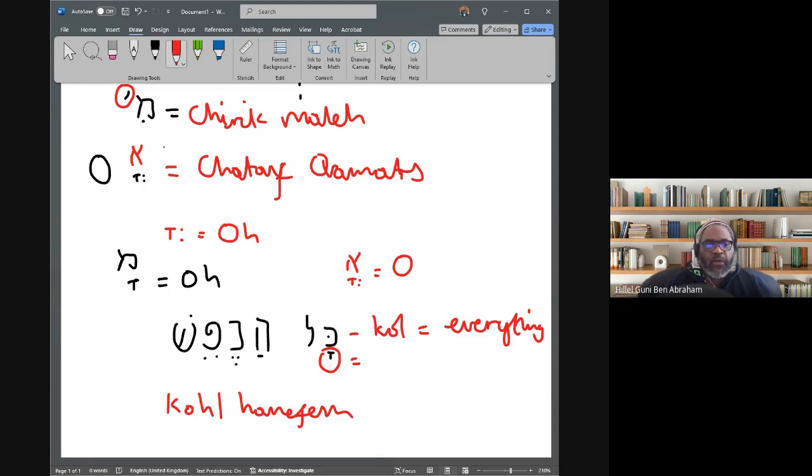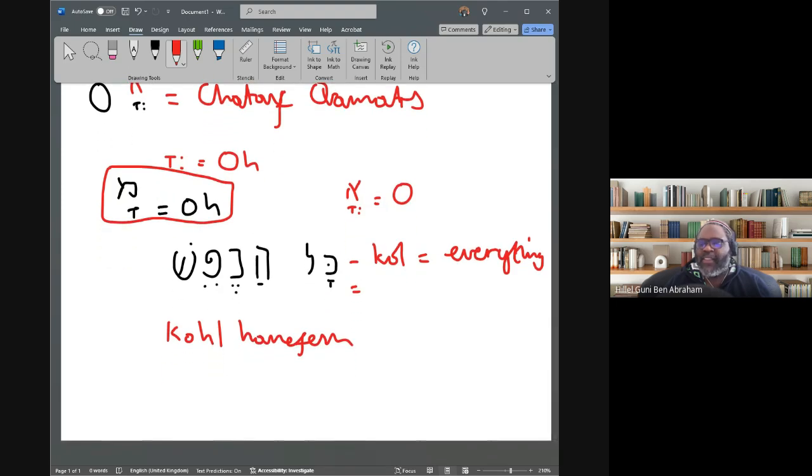So now, the confusing thing in our brains is that we see a kamatz but the rules of grammar say we must say O. So when you read this verse in the Bible, it's going to be O and not A. Kol, not Kal, but Kol. If this is confusing, it is confusing, but you're going to learn it.